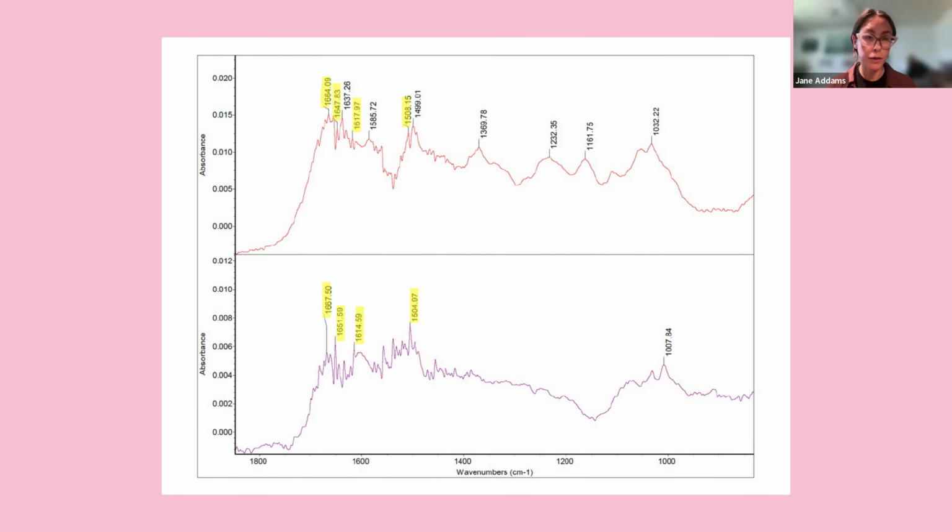I can also compare the sample of interest, here the stocking is again on the top, with known lichen dye samples of specific species. So remember that we're getting a slightly different chemical composition from our Orchil dye baths.